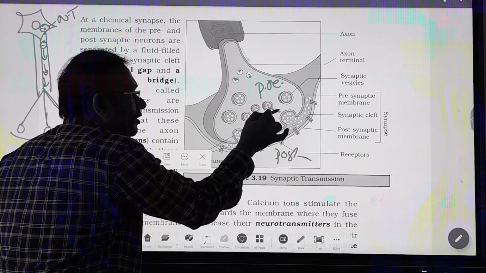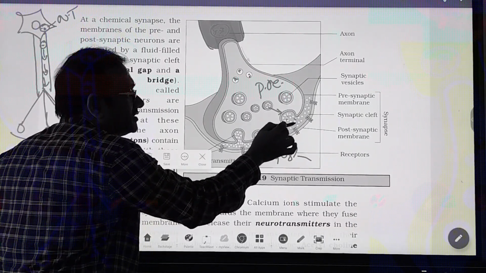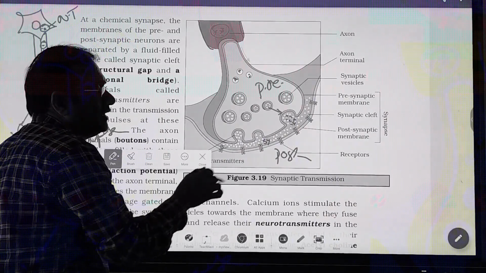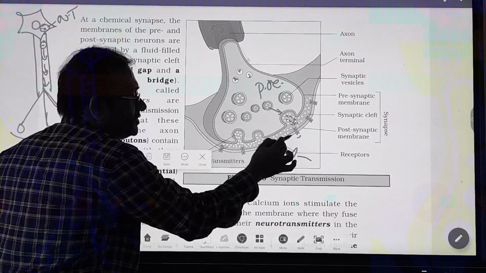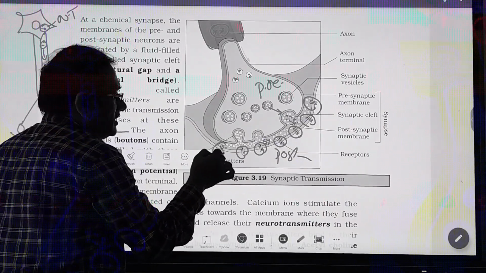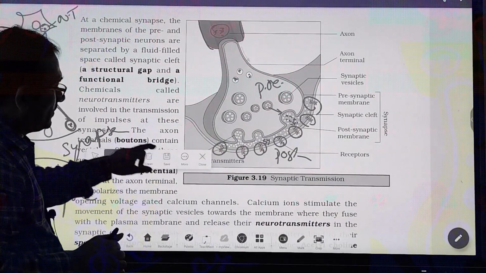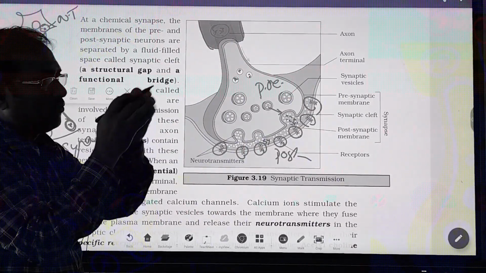When these neurotransmitter bags touch the presynaptic membrane, they release the neurotransmitter into the synaptic cleft. These channels are called ligand gated channels. They receive the neurotransmitter and then they open.